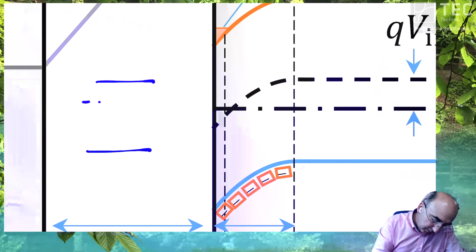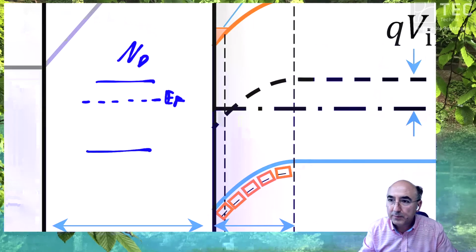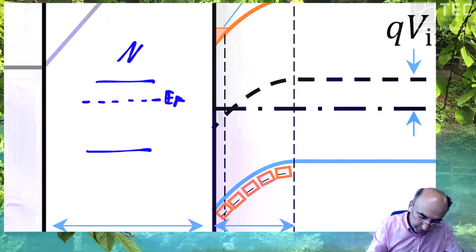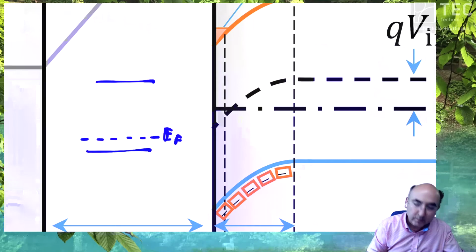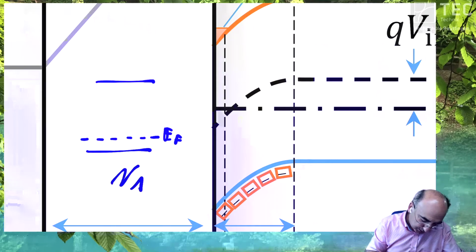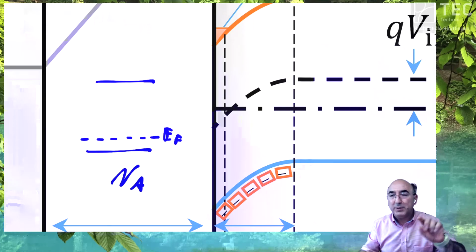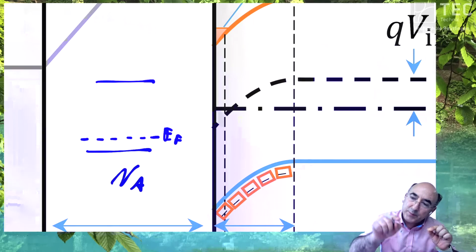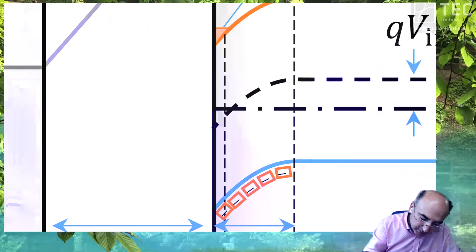If you have this Fermi level, you say this semiconductor is N-type. If you have a Fermi level which is closer to the valence band edge, then you consider that's a P-type. Now you change this behavior of the semiconductor at the interface, just here, by applying a voltage.